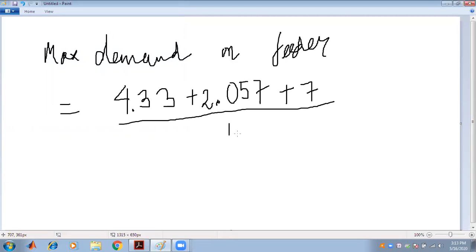The answer is 10.3 kilowatt. So this is the maximum demand on the feeder.